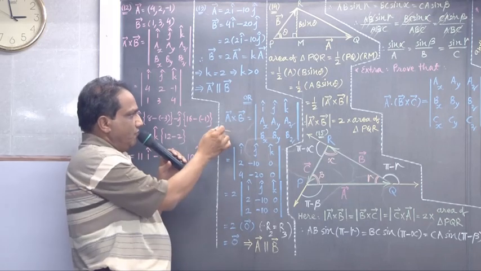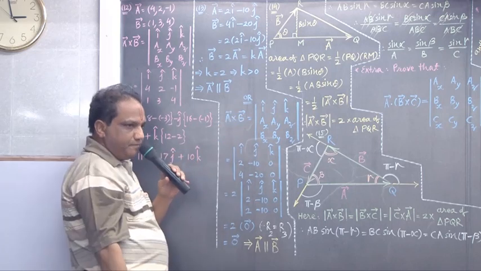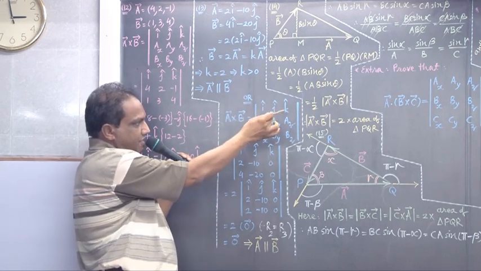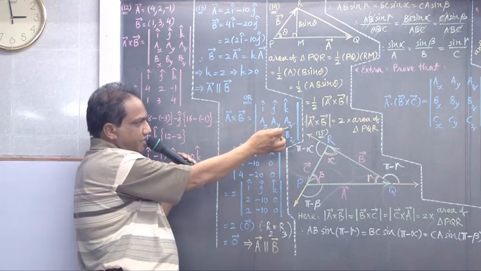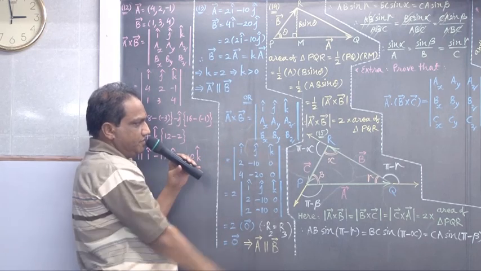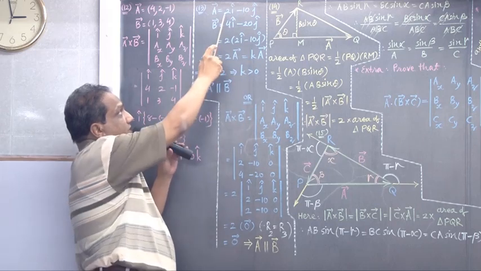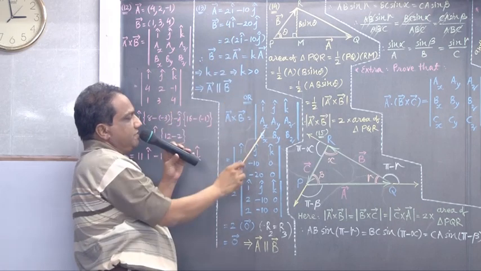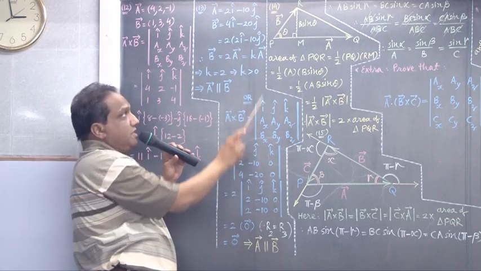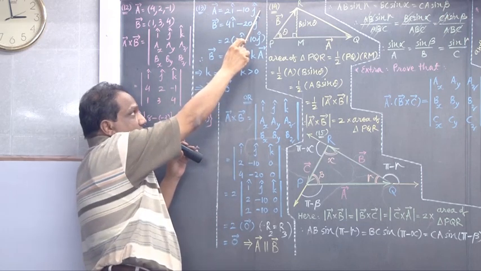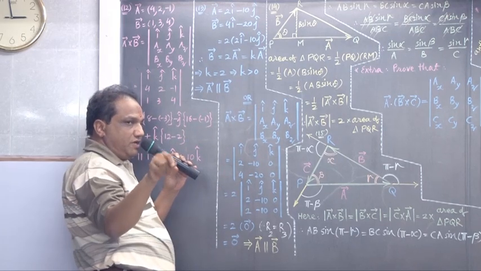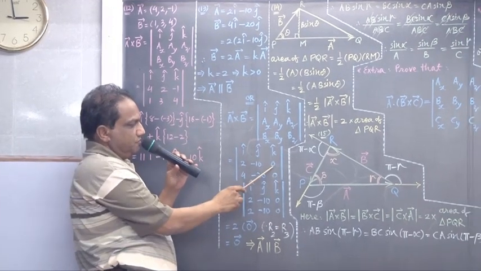Vector A cross vector B, by formula, is a 3 by 3 determinant: i hat, j hat, k hat, Ax, Ay, Az, Bx, By, Bz. What is Ax? 2. Ay is minus 10. There is no term with k hat. If there is no term with k hat, the Z component is taken as 0.